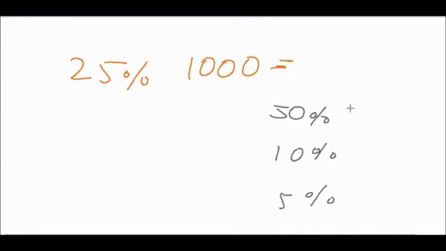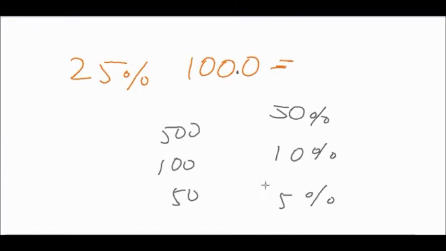These three are easy: 50% of a number is always half of the number. 50% of 1000 is 500, and 10% of a number is just putting a decimal point one digit from the end. So 10% of 1000 is 100. Now 5% is half of this, so half of 100 is 50. We just have to remember these three things.